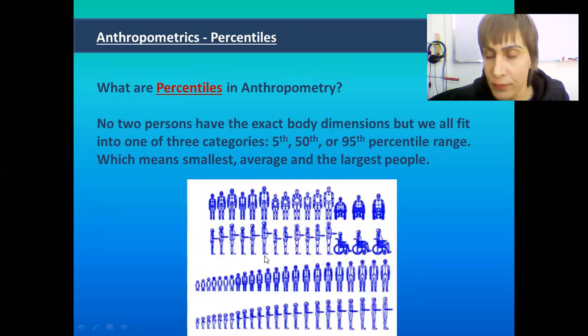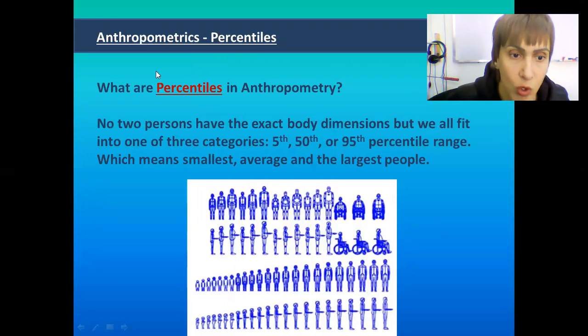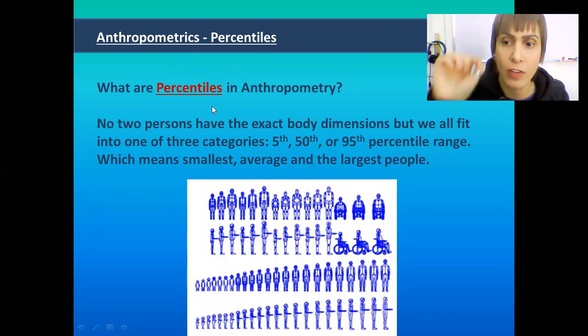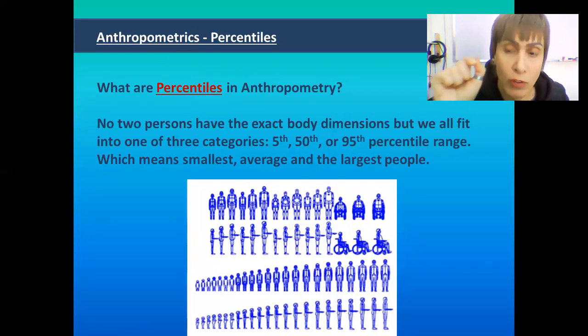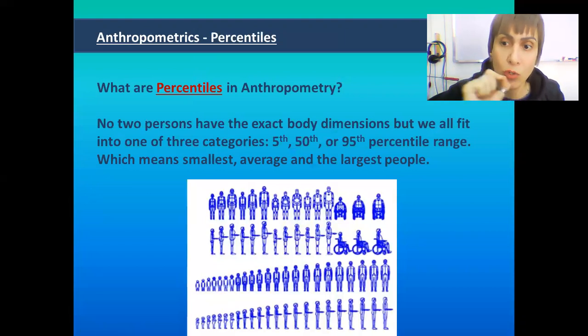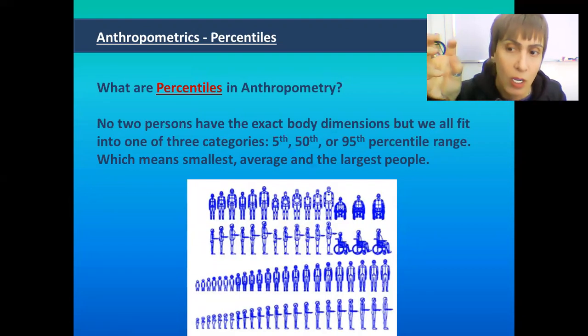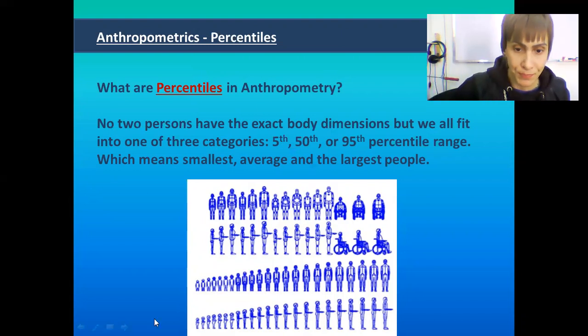Now, there is something in anthropometrics called percentiles, okay? We will discuss what percentiles are, because this is the most important thing for you to understand, to be able to select the correct measurements. So, we already discussed that people come in all kinds of sizes.